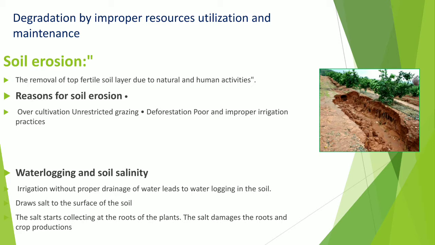Where water is present in a particular place and the nearby plants survive, all the salts present in the water start collecting at the roots of the plants, and the plants will die. So this is called water logging as well as soil salinity.